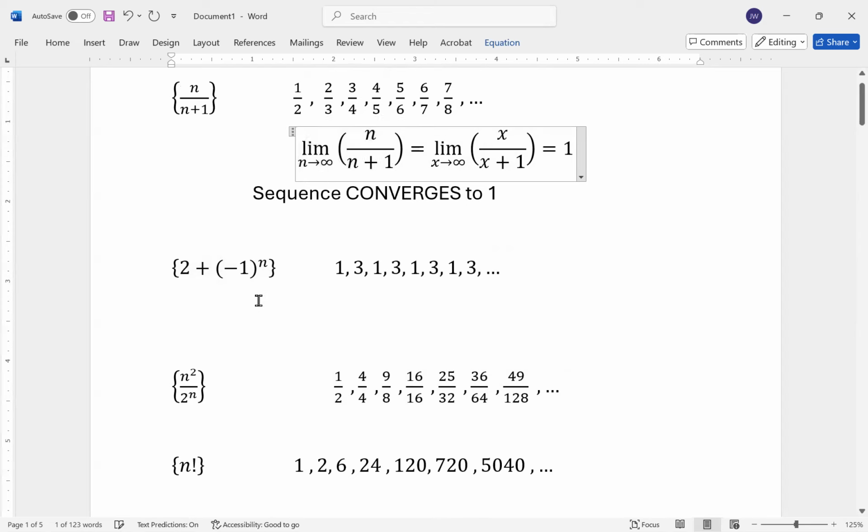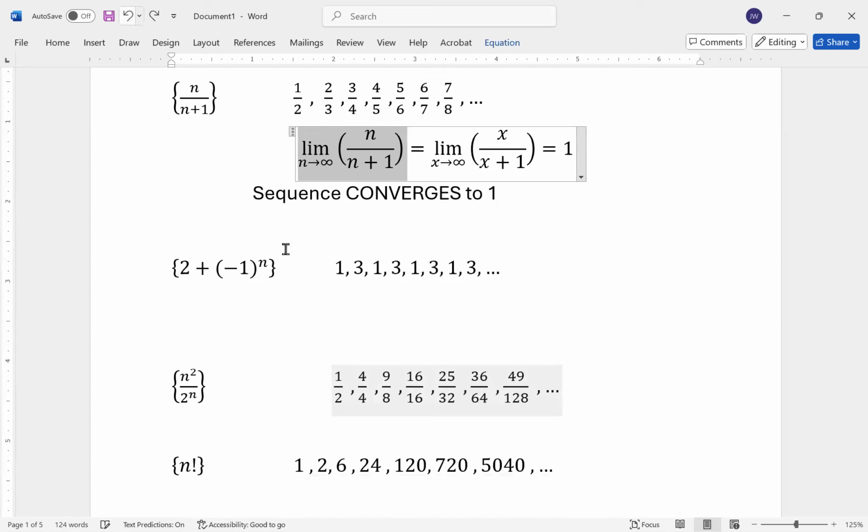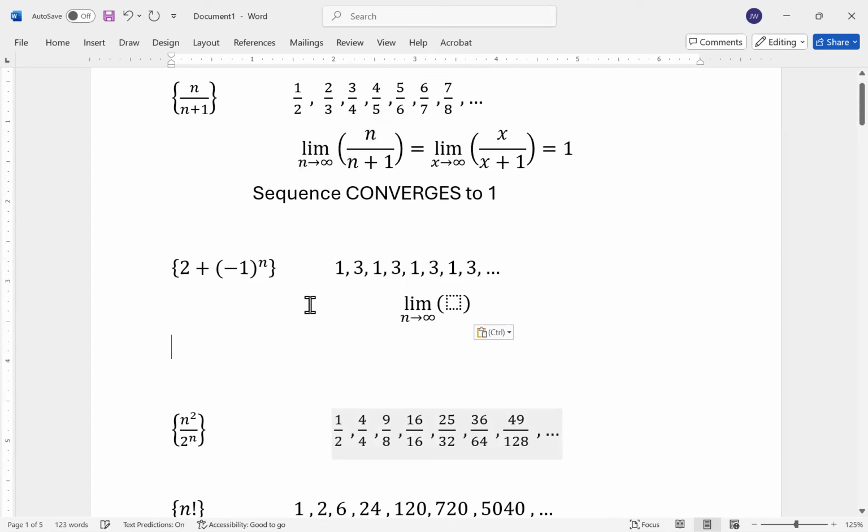I can, if I want, write this out as 2 plus -1 to the n, but my tools from previously when I found limits don't help me as much because the only n's I can plug in are positive integers.